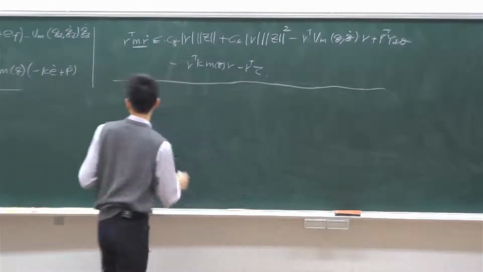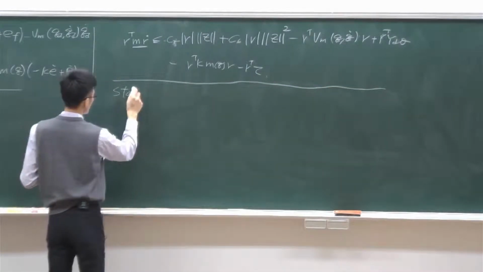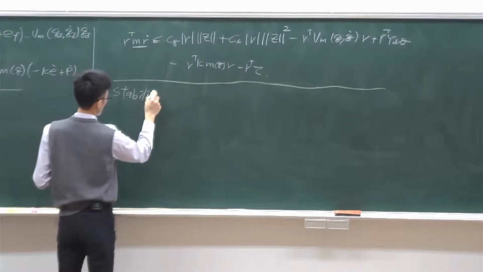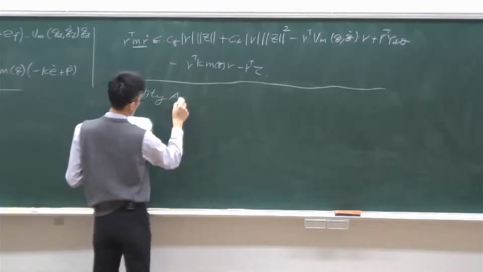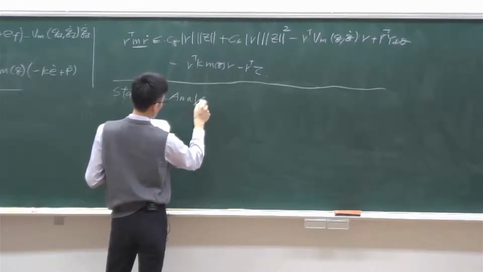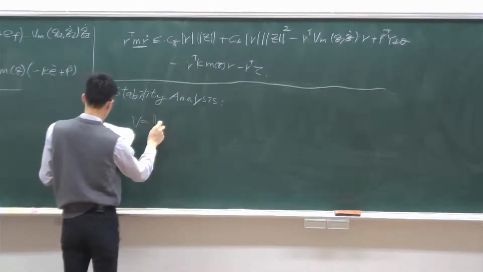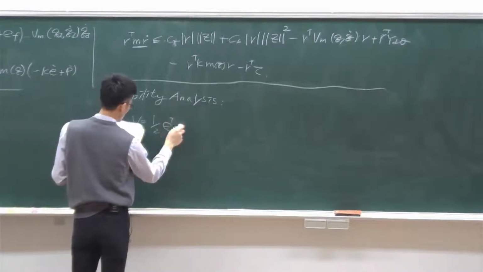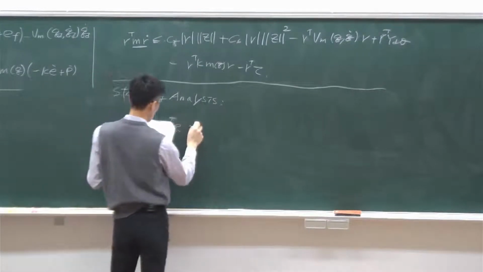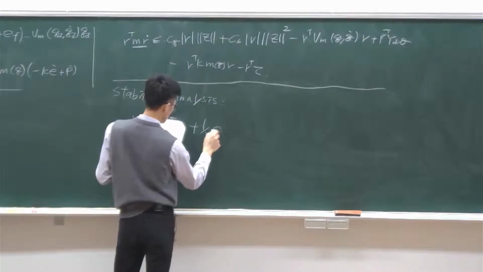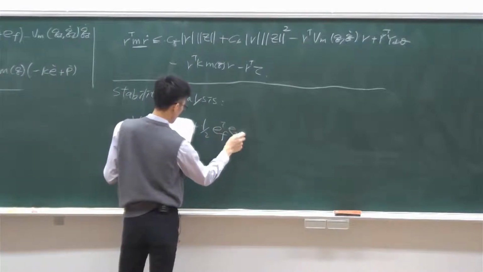Then we do the stability analysis. E transpose E plus 1 over 2 EF transpose EF.